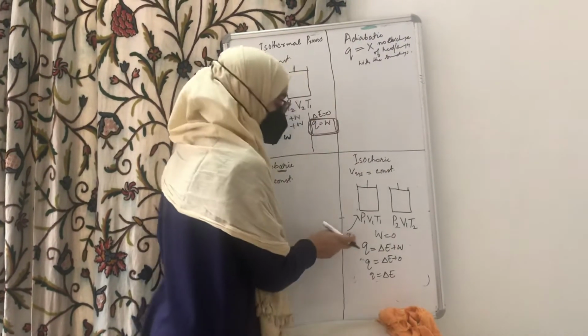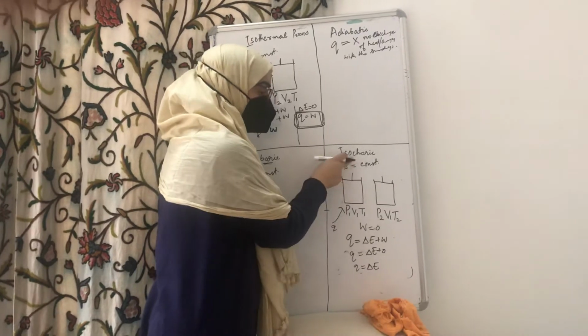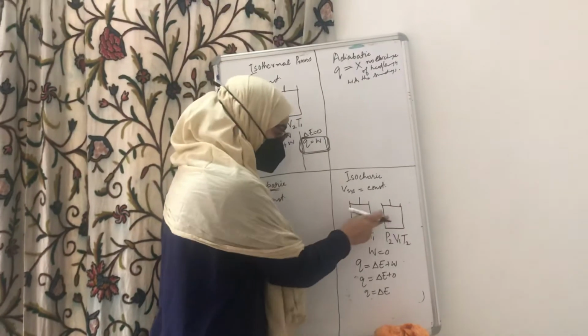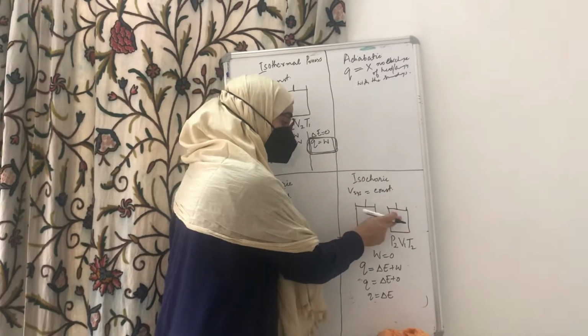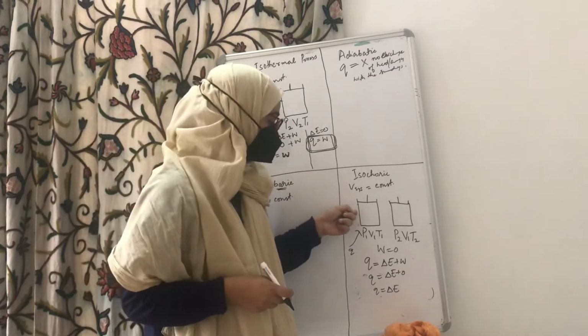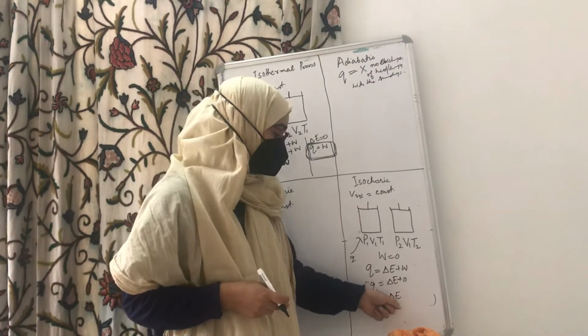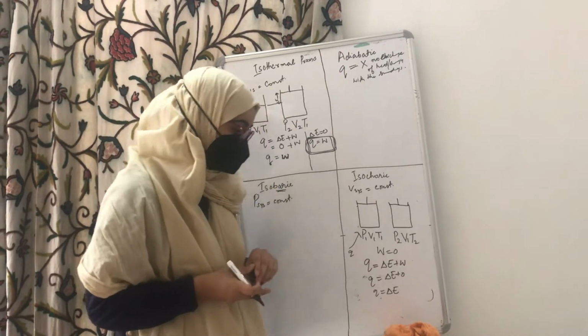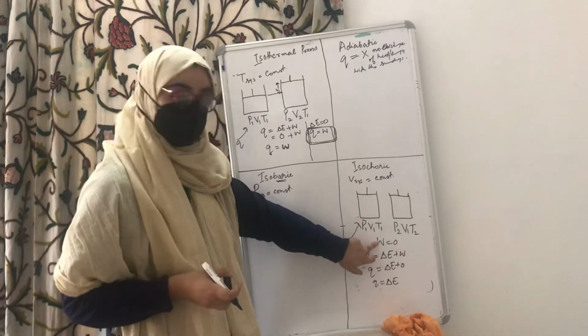So the entire energy supplied to an isochoric process while it goes from initial state to final state is utilized in changing the internal energy of the system. Okay? So in this process, Q will be equal to delta E. Anything else? No. Fine. And work done here is 0.